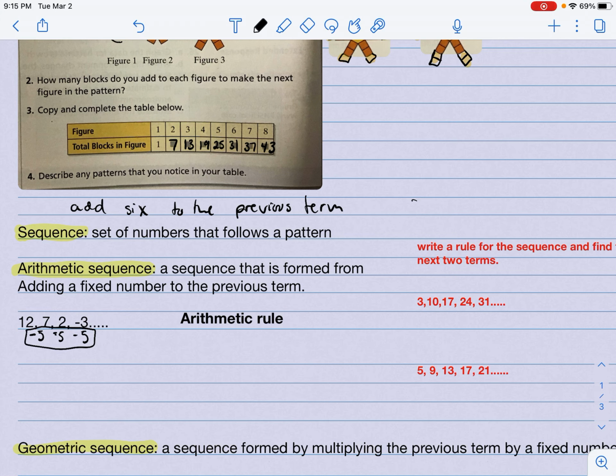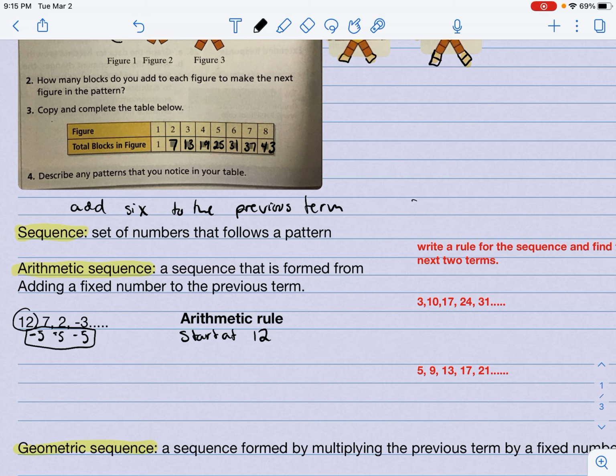So now to write the arithmetic rule, we're going to start with the number you start with. So we didn't start at 4. We start at 12. Okay, start at 12 and subtract 5 or minus 5.